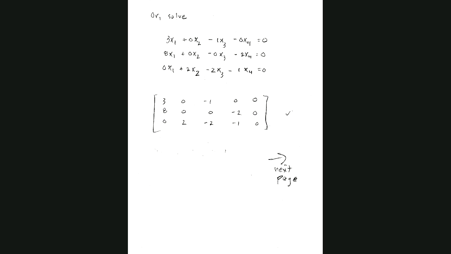Let me just see here one moment. So that, of course, comes from x1 times the vector 3, 0, 0, plus x2 times the vector 0, 0, 2.